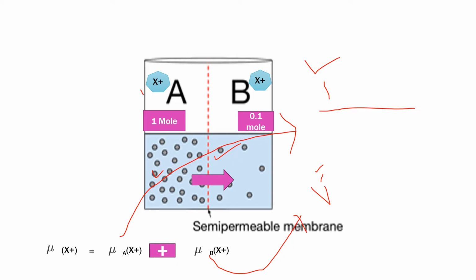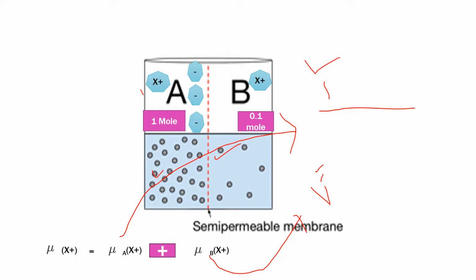So what is the normal tendency? Along the concentration gradient, obviously the positively charged particle will move from compartment A to compartment B. This is the normal tendency. If there is no electrical potential difference between side A and side B, the X will move from side A to side B. Now we are making side A more electrically negative.